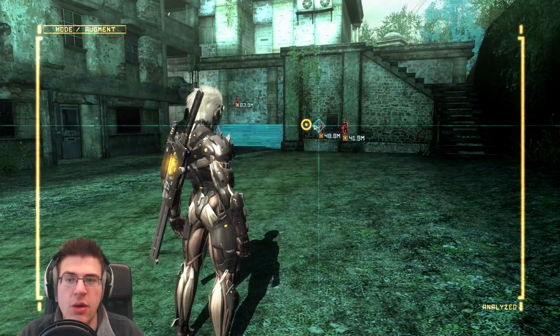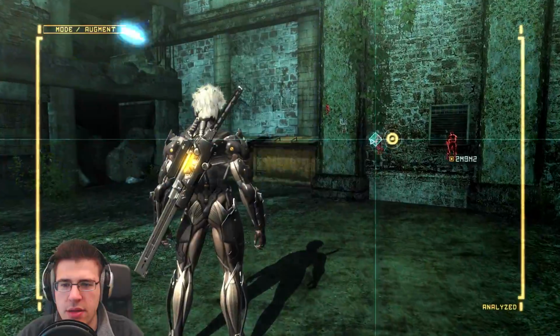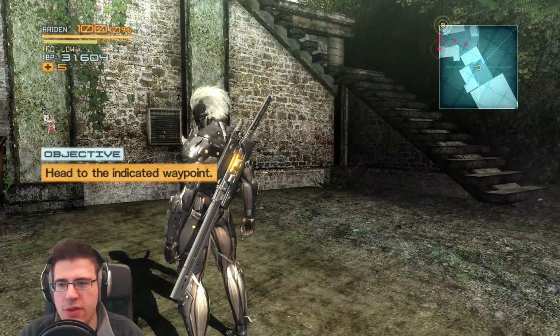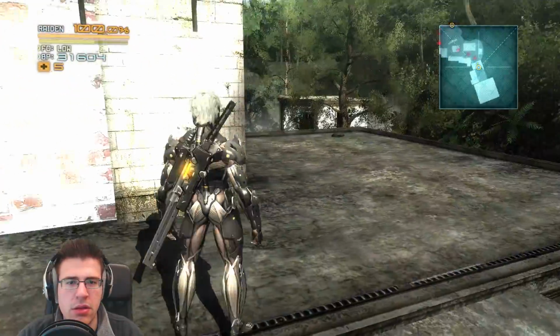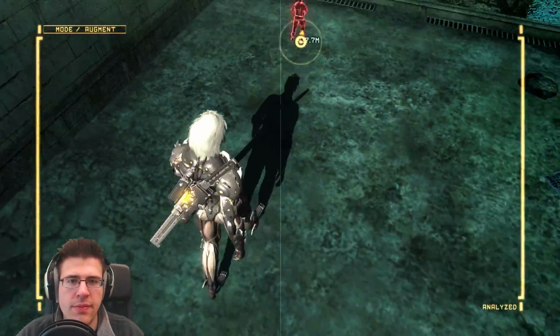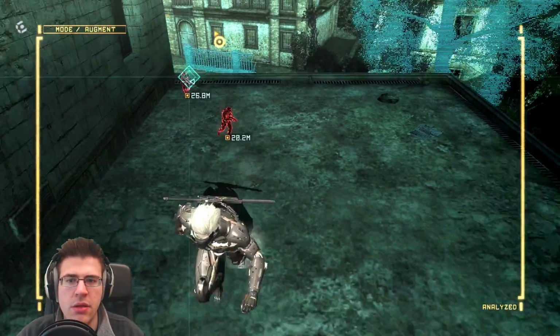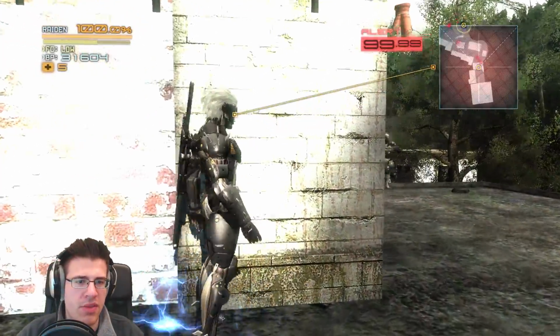Oh, there's an arm I can sever if I don't mess it up. Wait, what was my objective? Head to the indicated waypoint. What did he? Whoa!